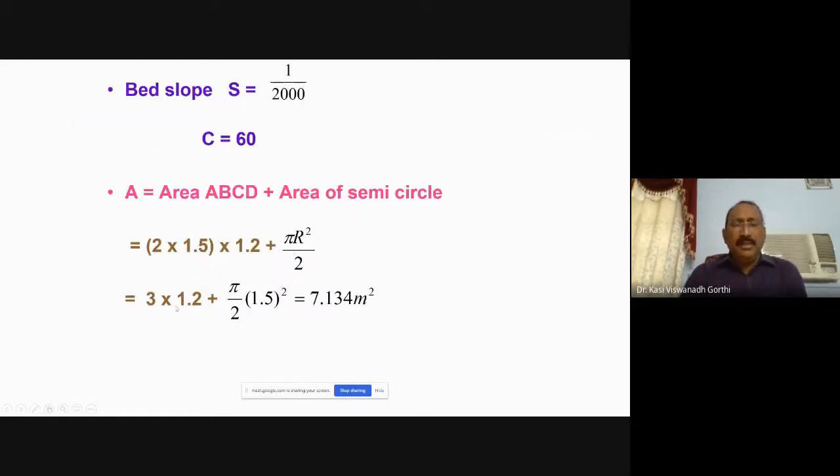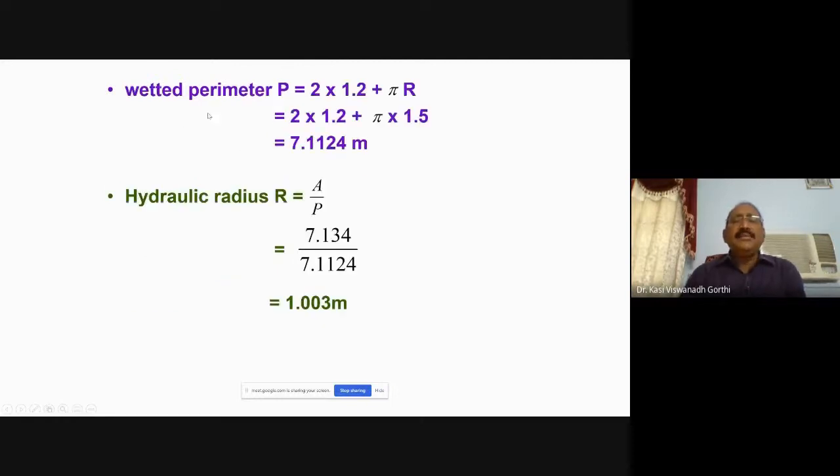So 3 into 1.2 plus pi by 2 into 1.5 square, 7.134 square meters is the wetted area. Wetted perimeter is the length of the channel boundary in contact with the flow. So two sides, 1.2 plus 1.2, plus the semicircle, pi r. So 2 into 1.2 plus pi into 1.5, 7.1124 meters is the wetted perimeter.